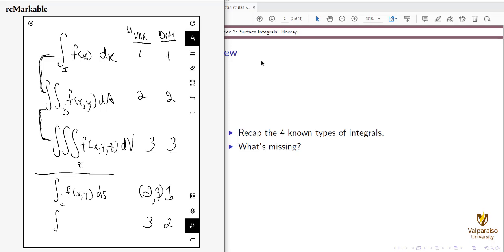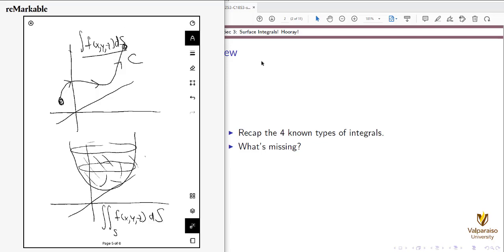And so comes our surface integral, which might be posed as such, capital S for surface. We're going to walk all over points on a prescribed surface and accumulate values of this function as we move along that surface.